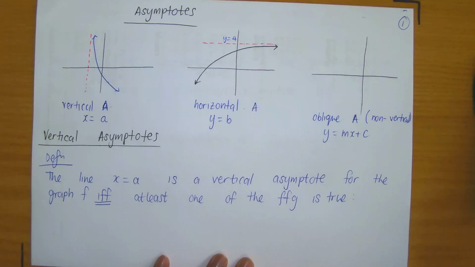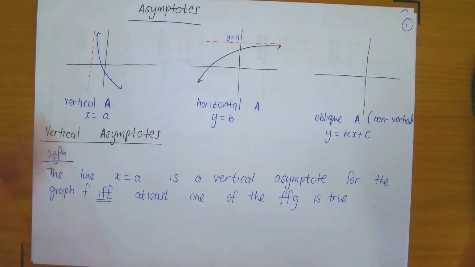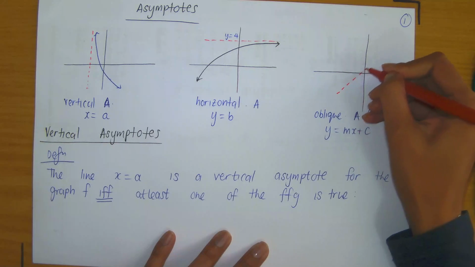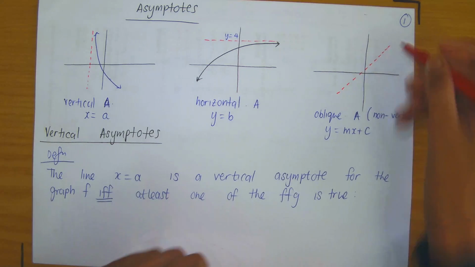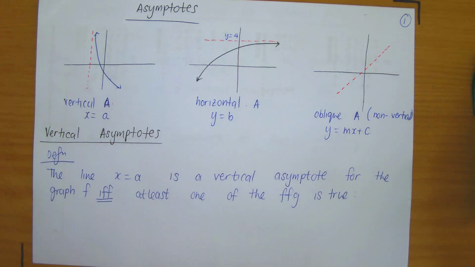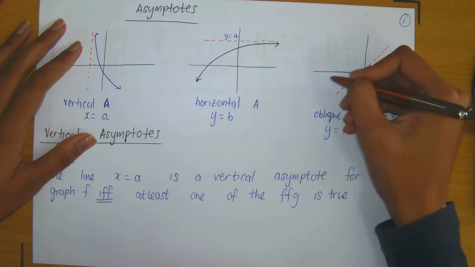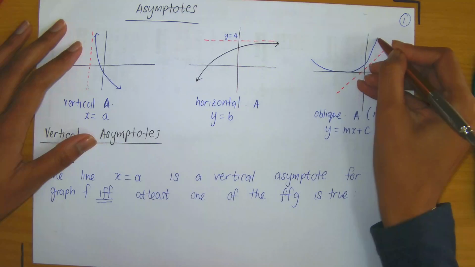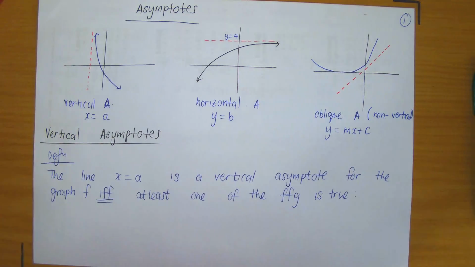An example of a non-vertical asymptote would be, let's suppose I had some graph y equals mx plus c, and then observe that whatever I'm about to draw certainly approaches it but never touches it.